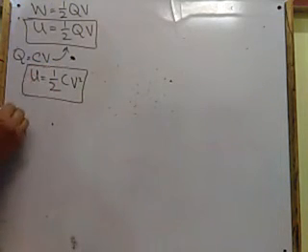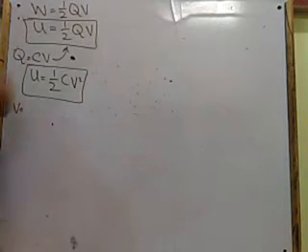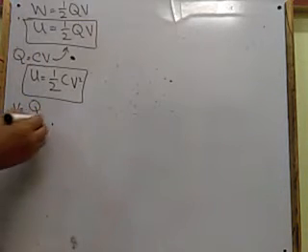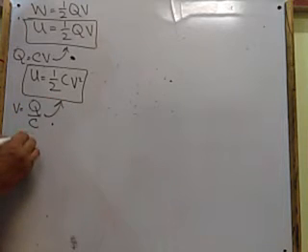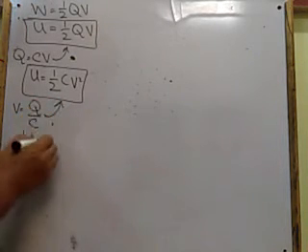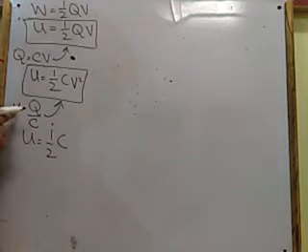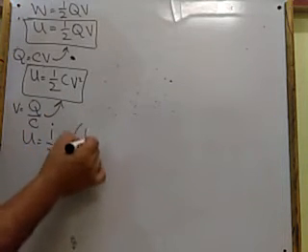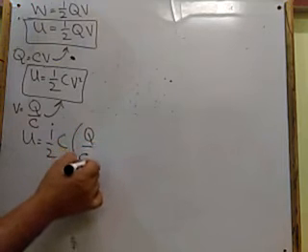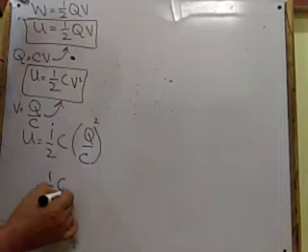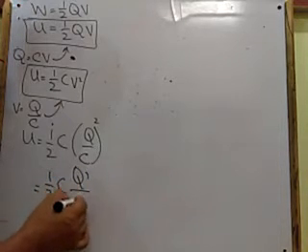Again, as we know that V is equal to Q divided by C, putting this value in the above equation, we can modify it by writing 1 over 2 C, and in place of V we can write (Q divided by C) whole square, or 1 over 2 C Q square divided by C square.